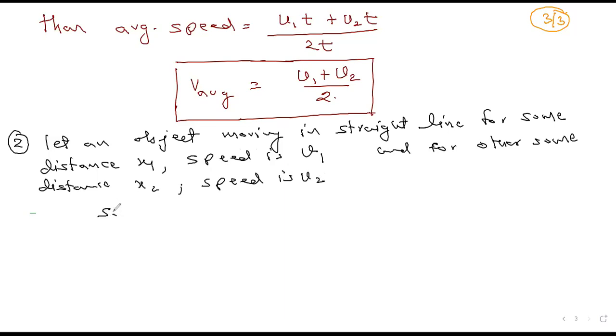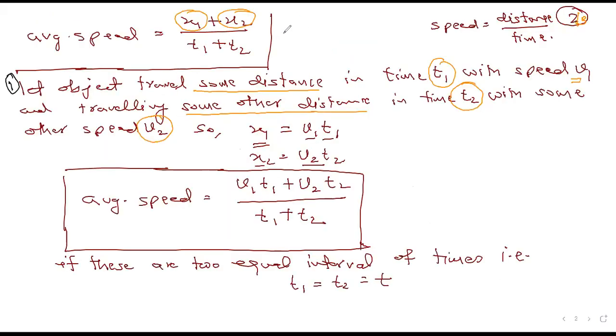So t1 time equals distance upon speed, x1 upon v1, and t2 will be x2 upon v2. Got it? Clear? You may take this as equation number 1, the general equation.